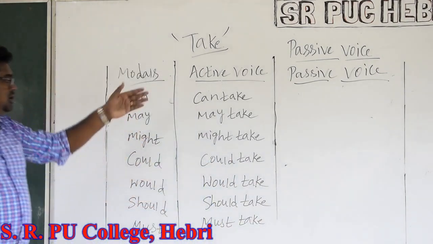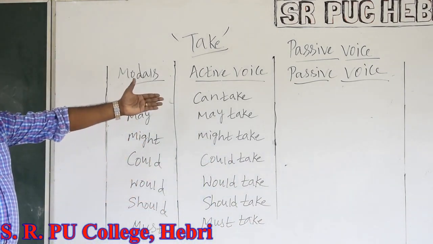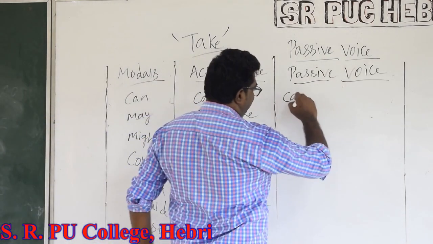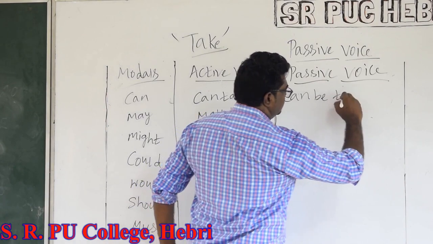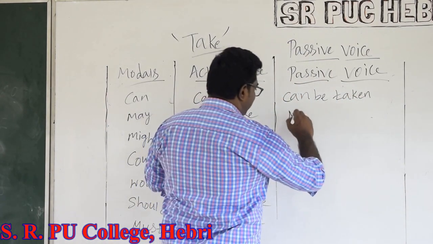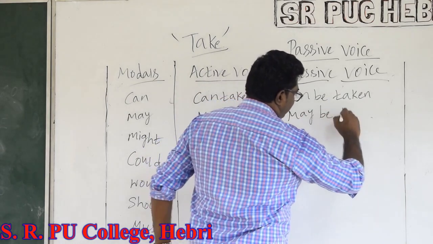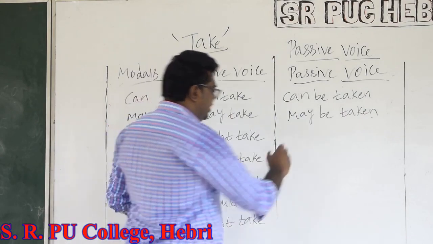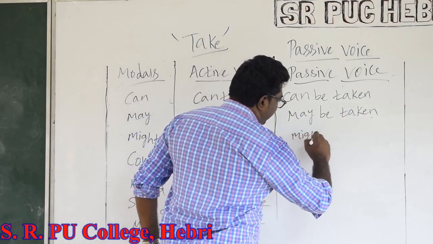So now, when you change this main verb from active to passive voice, can take will become can be taken. May take will become may be taken. Might take will become might be taken.